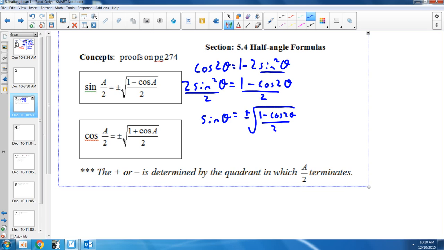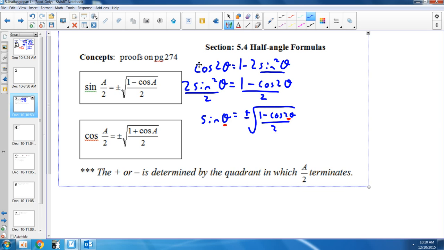However, there's one thing that's different, and that is this theta and this 2 theta. Before we made a substitution on one side that affects the substitution on the other side, and what I want to do is that same type of substitution.